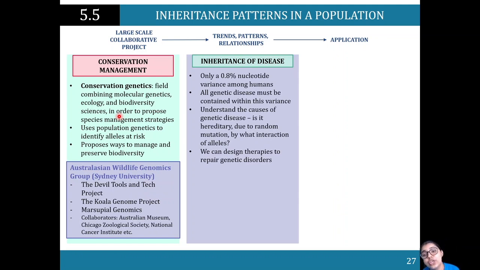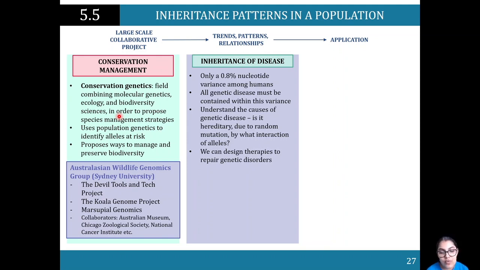Okay, next up we have inheritance of disease. We can utilize this data to look at the inheritance of diseases. What we know is that statistically, and it's crazy, there is only 0.8% of nucleotide variants among humans. So only 0.8% of our DNA is actually different to one another. That means a lot of it is very, very similar.